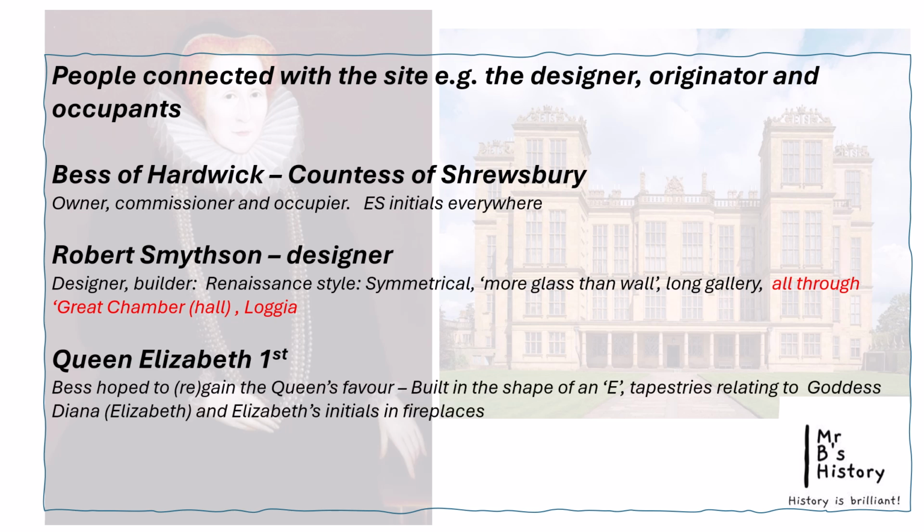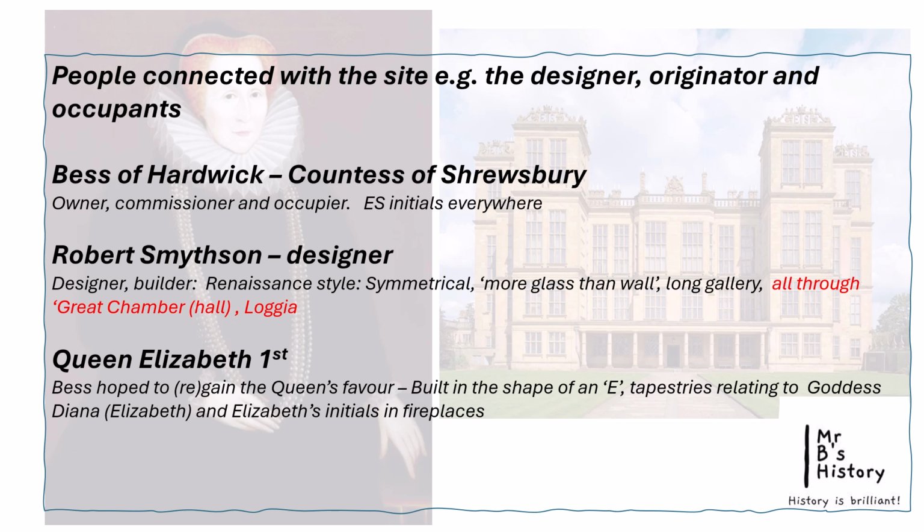You have Queen Elizabeth. There is some evidence of a bit of a falling out between Bess and Queen Elizabeth, and in many ways she perhaps hoped to regain Elizabeth's favour. The building is supposedly, although I don't quite see it, to be built in the shape of an E for Elizabeth. There are tapestries in the hall relating to the goddess Diana, who is often equated with Elizabeth.